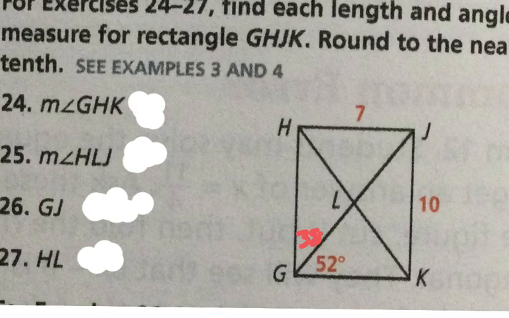So because we know that the diagonals are congruent and the diagonals bisect each other, that means all of these measurements are the same. So if I look at HLG, that's an isosceles triangle, which means if this angle is 38 degrees, this angle is 38 degrees.